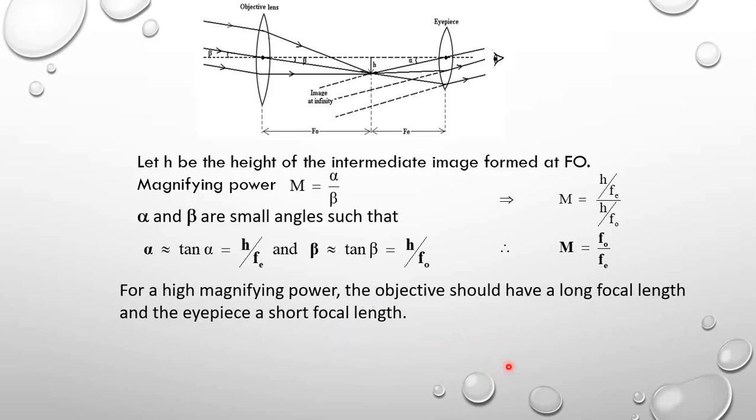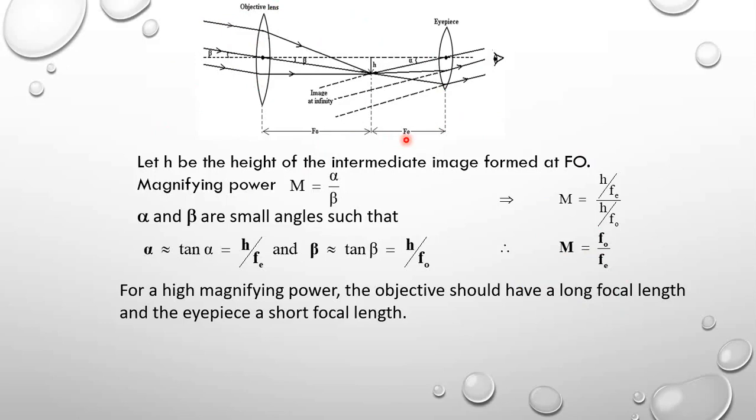And also, when we observe this expression for the magnifying power, we need to know that this formula is only true for an astronomical telescope which is in normal adjustment.